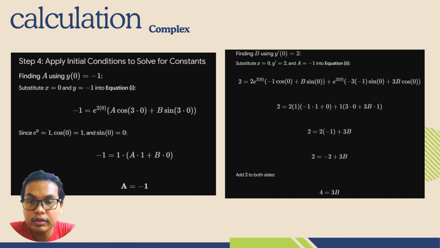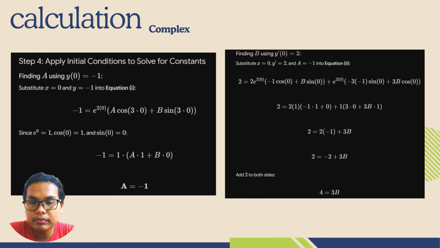So the next step, we will apply the initial conditions to solve for the constants. So we will find a using y(0) equals to negative 1. We will substitute x equals to 0 and y equals to negative 1 into the first equation, which is going to be negative 1 equals to exponent power of 2 times 0 times a cos 3 times 0 plus b sin 3 times 0.